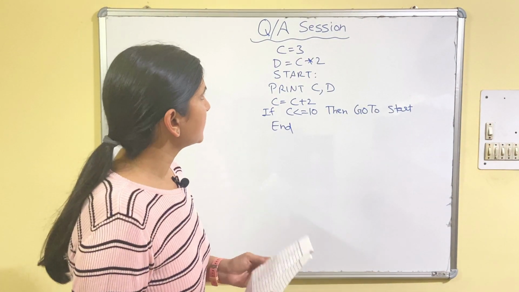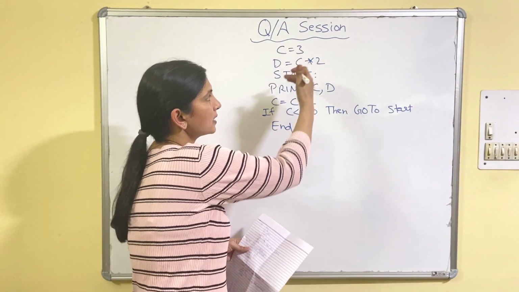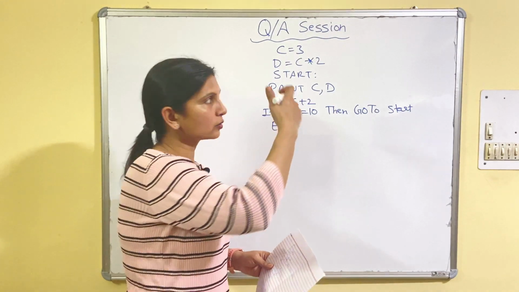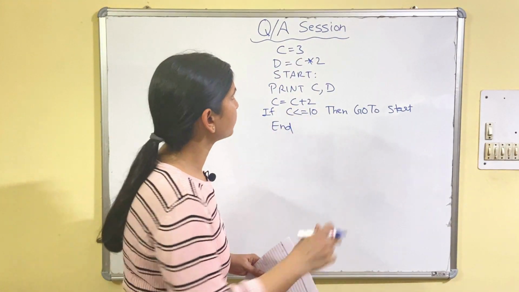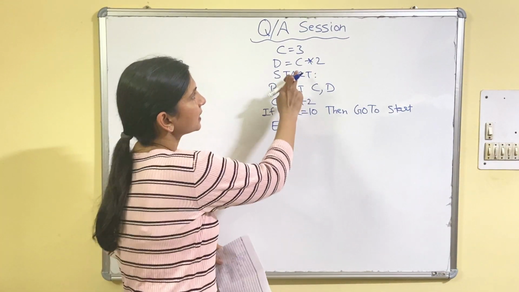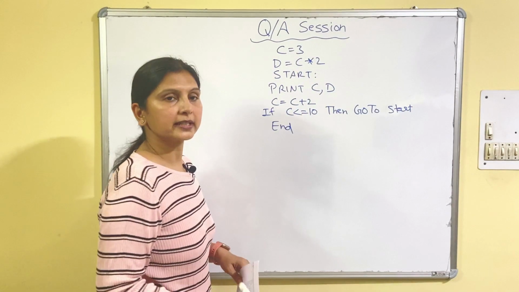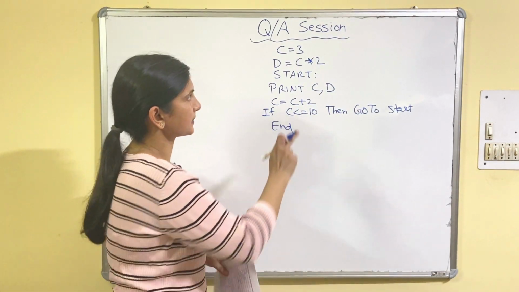So let's see. Whenever the output is asked, what we will do? We will go step by step, because execution goes from top to bottom, step by step. So initially C equals to 3, D equals to C into 2. C into 2 means D equals to 6. Now the value of D is 6.